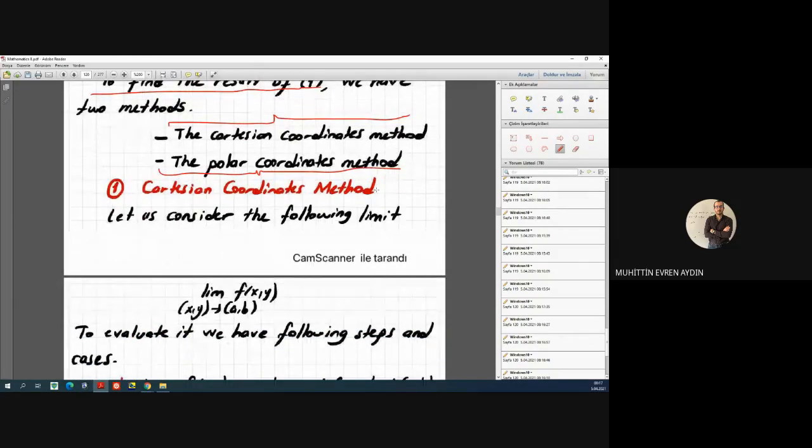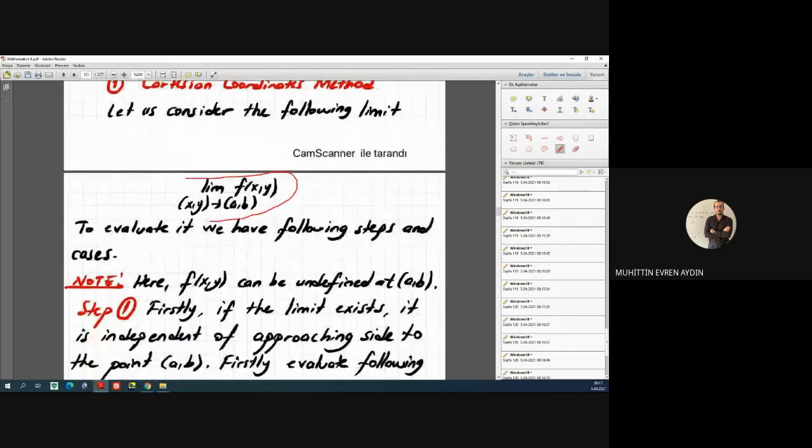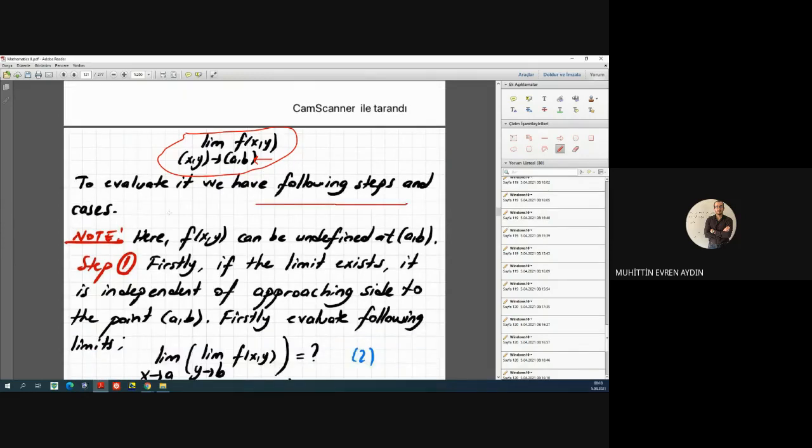Okay, we start with the Cartesian coordinates method. Let's consider the following limit. This notation says that the limit of the function f at the point a comma b. To determine it, we have the following steps.